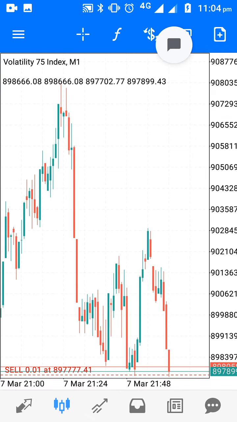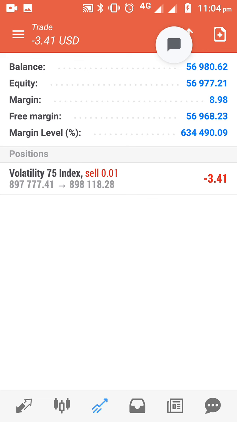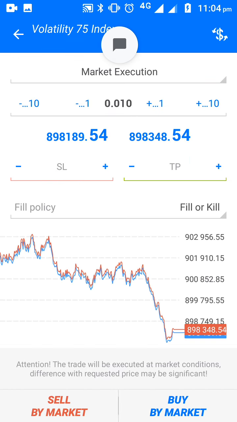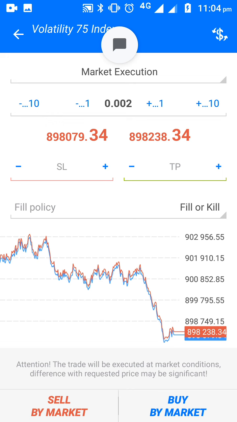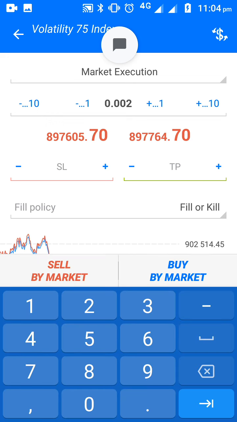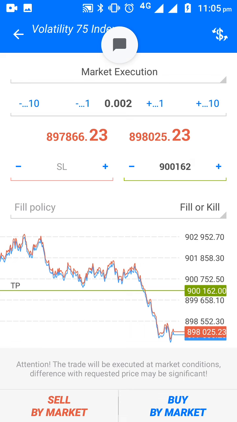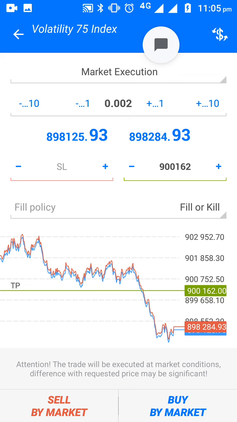You start here, you open your trade, you click new trade, you set the lot size as I do, you enter the price you see on my screen, and then you wait and trade as I trade.